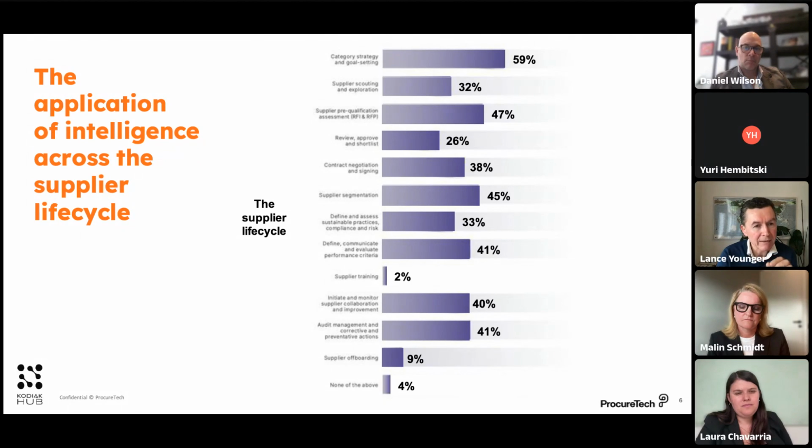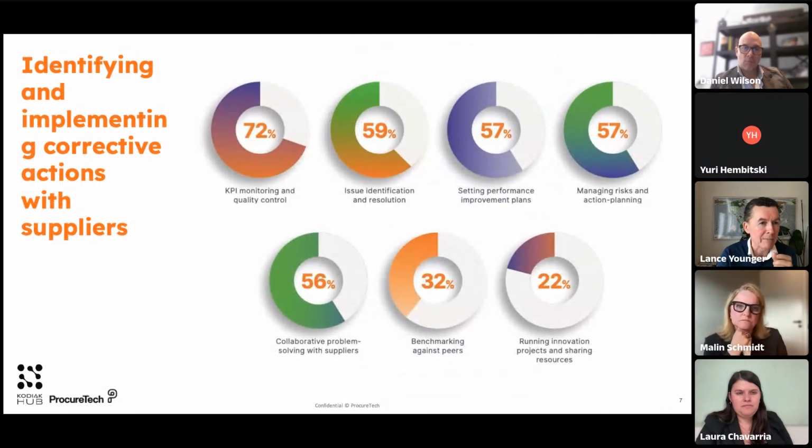Now, if we dive a little into the actual work that you do with suppliers themselves, it's important to look at implementing corrective actions with suppliers, where data is actually being applied. This is the activity of, once you've found an issue or you're looking to improve performance, where do you act?